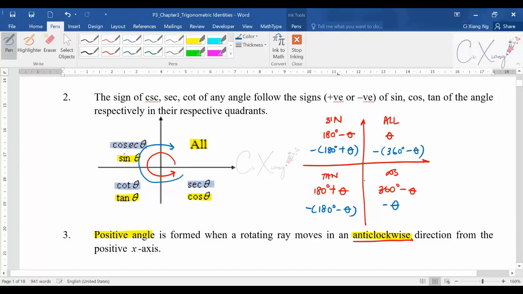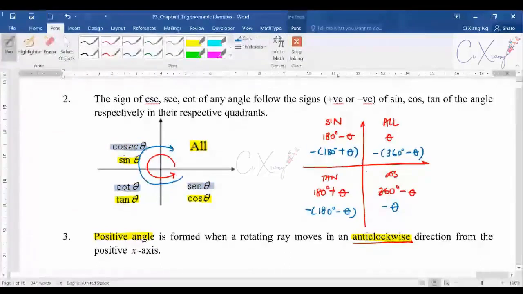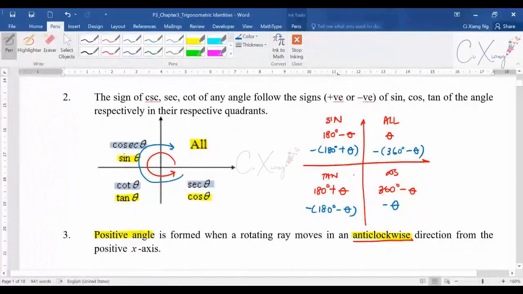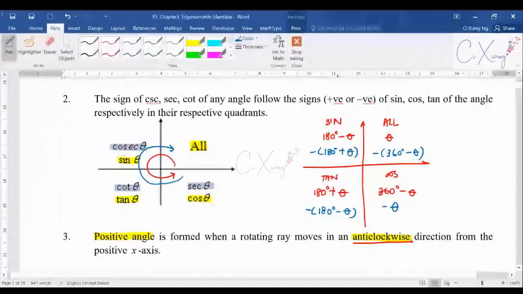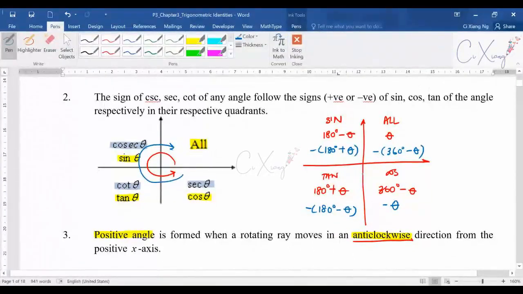So I still use this summary to find all the values I want and to solve the question. To me, this is the only summary that I refer to. But of course, you need to know the basic graphs for cos and sine. This summary is what I usually use to answer questions, or to find the negative value for the triple.